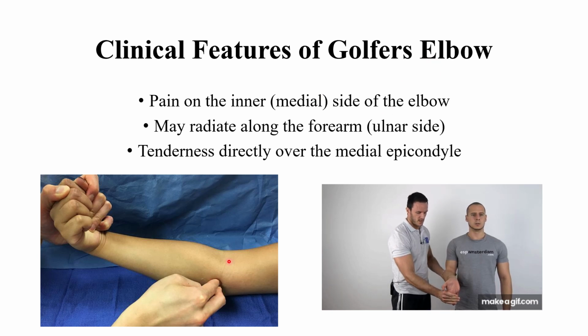Here the common flexor origin muscles are affected, because the flexors have their common origin at the medial epicondyle. So tenderness is directly seen there. Whenever you apply resistance to the wrist flexors, or stretch the wrist flexors as shown in this video, if pain is generated on the medial aspect of the elbow, at the medial epicondyle, then that suggests that the person has golfer's elbow.